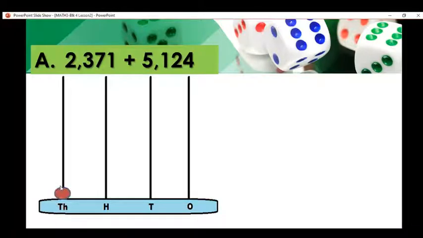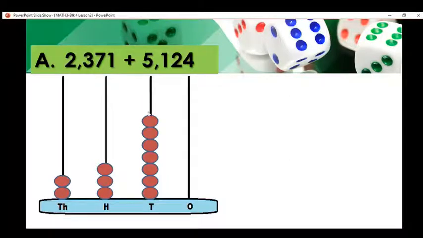So we'll count 1, 2. How about hundreds? That is 3, so we need to draw 3 circles. How about tens? That is 7. So count 1, 2, 3, 4, 5, 6, 7. And our ones is only 1.